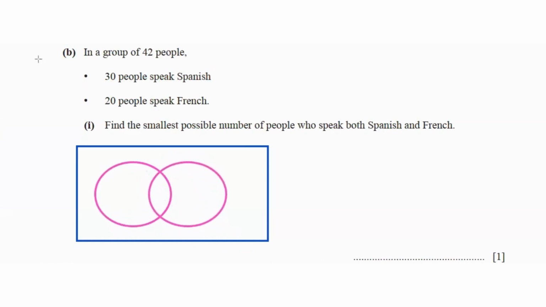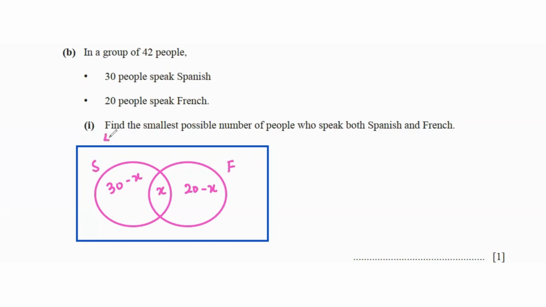Since it says both Spanish and French, that means we have an intersection, which is X that we have to find. This is Spanish, this is French. 30 minus X represents people who only speak Spanish. And 20 minus X represents the people who only speak French.